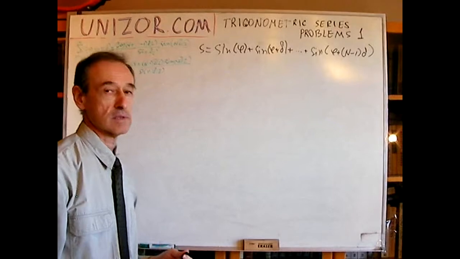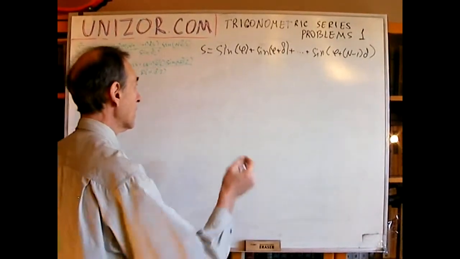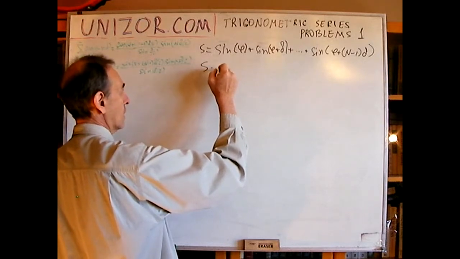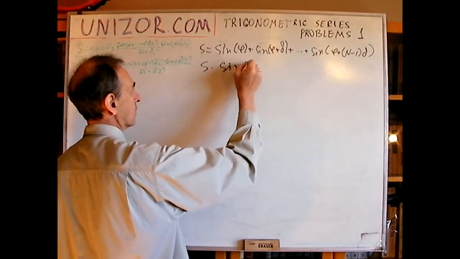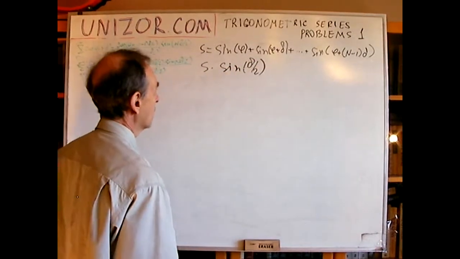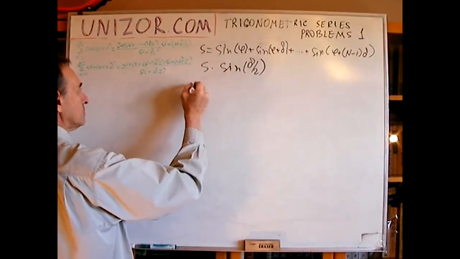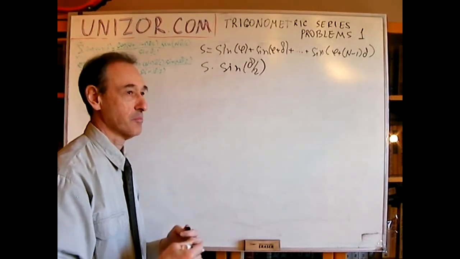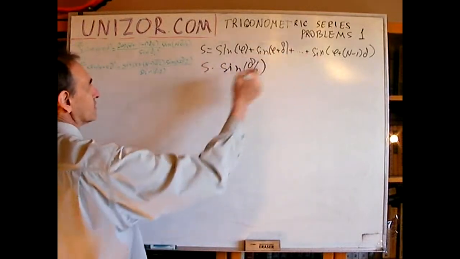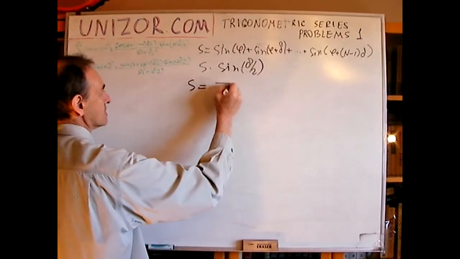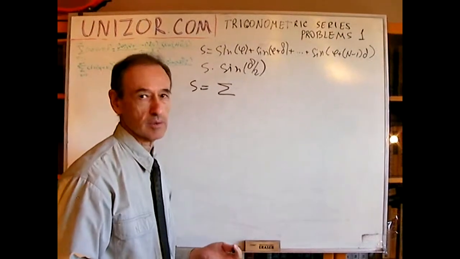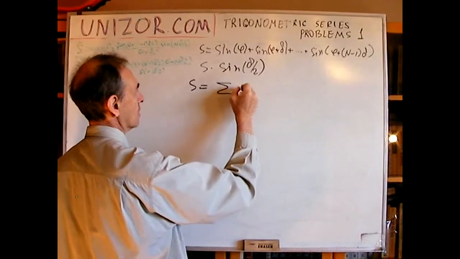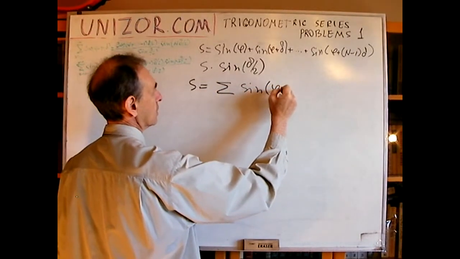What if I have this, the sines? Well, again, let's be smart, and let's multiply sum by sine of delta over 2. So, what will I have? I will use a little bit more mathematical notation. So S is equal to sigma, which means sum. This is the operation of summation.